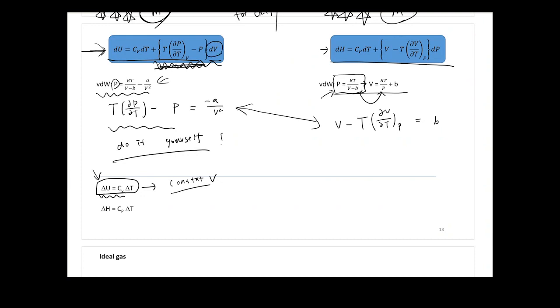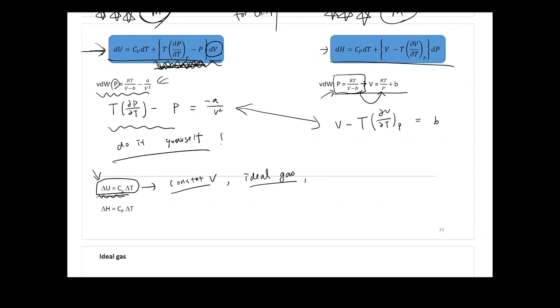What other conditions can make the second term become 0? What conditions can make your internal pressure become 0? When you have an ideal gas, right? So if you have an ideal gas, then you know this will be true.